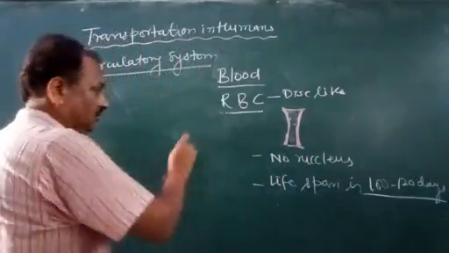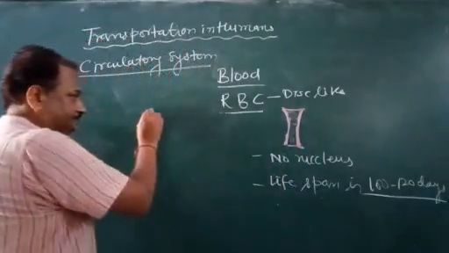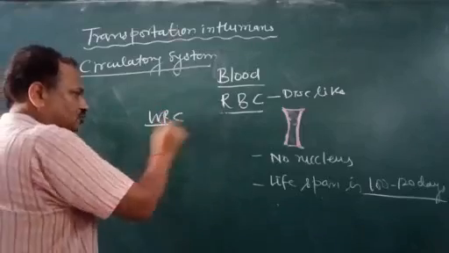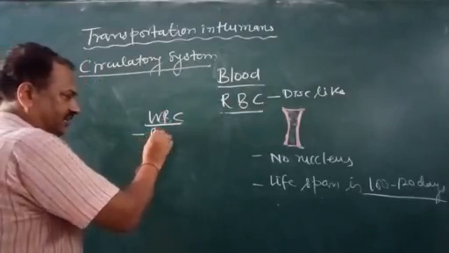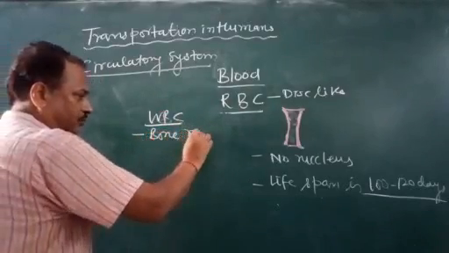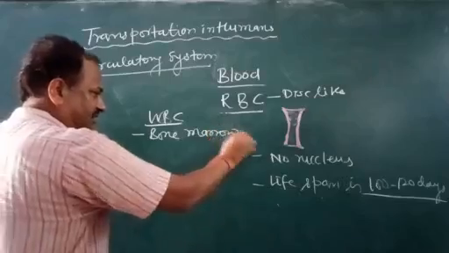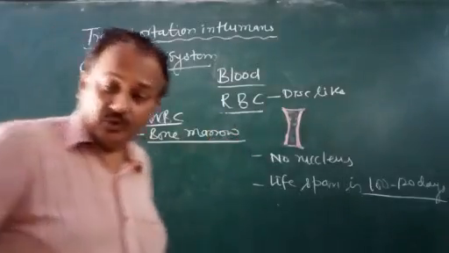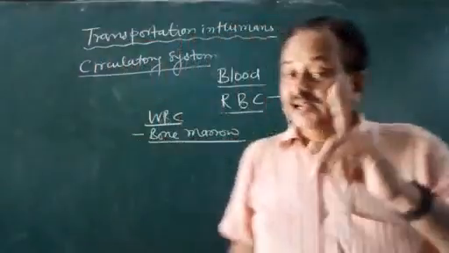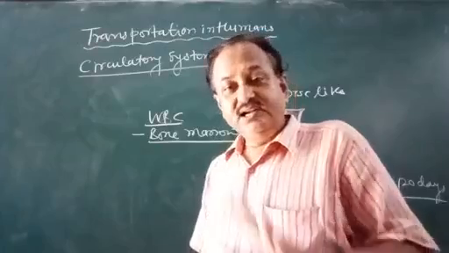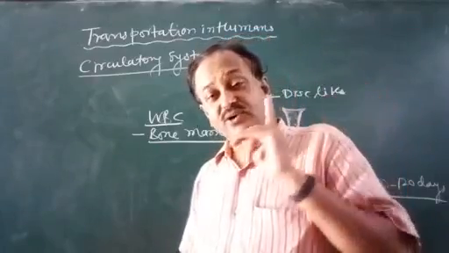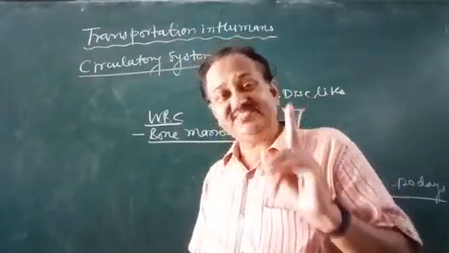Now coming to WBCs. WBCs are also found in bone marrow, that is inside the bone. But RBCs and WBCs differ a lot. RBCs don't have a nucleus, and they have a fixed shape.